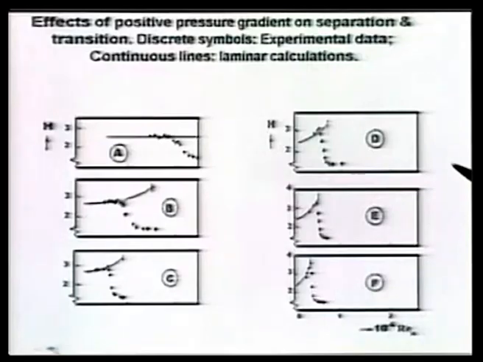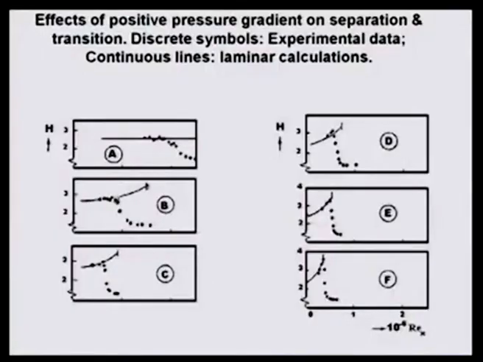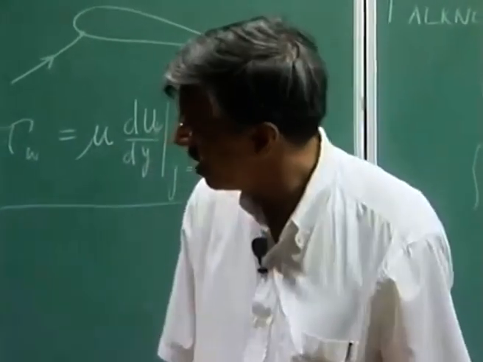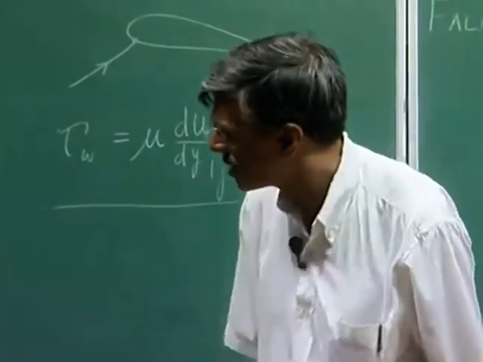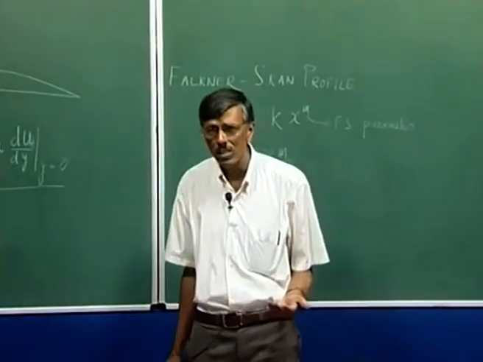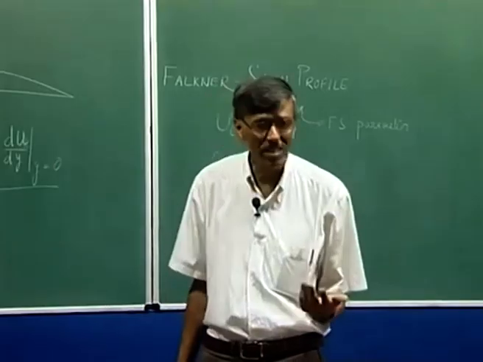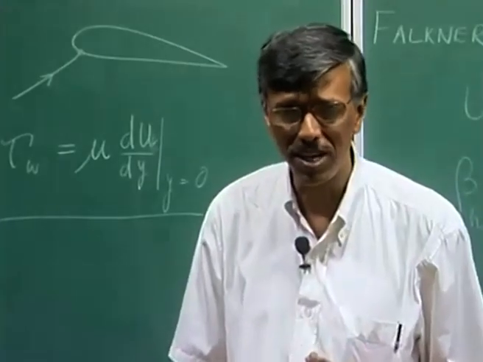What you notice is that further increase of the adverse pressure gradient brings a situation where the point of separation and point of transition become virtually the same, like the cases E and F. Right. So, looking at the boundary layer diagnostics itself, you can talk about what is really happening.